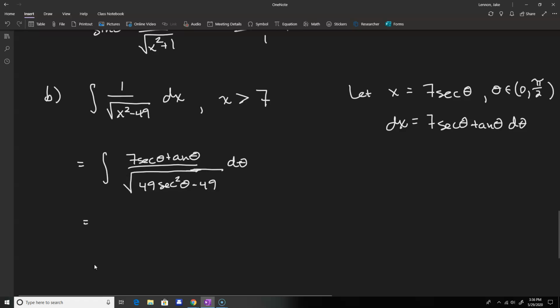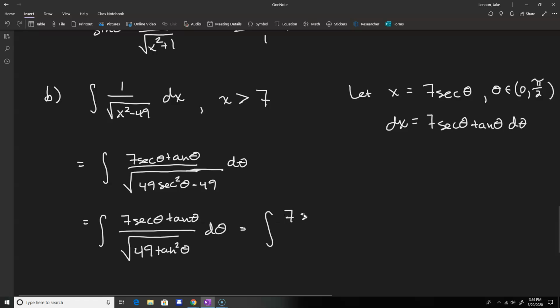Well, we're going to end up having the square root of tangent squared theta. So I'll include that step just so there's no confusion. So 7 secant theta tangent theta on top, and then on the bottom we just end up with the square root of 49 tangent squared theta d theta. So then this actually just becomes the integral of 7 secant theta tangent theta over 7 tangent theta.